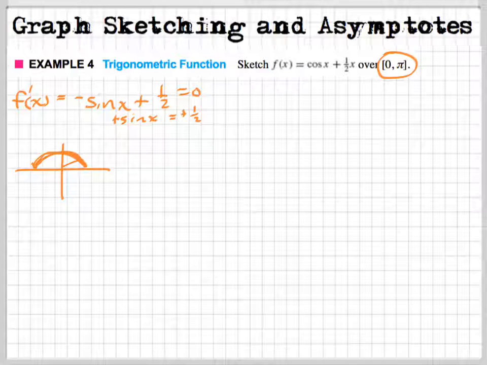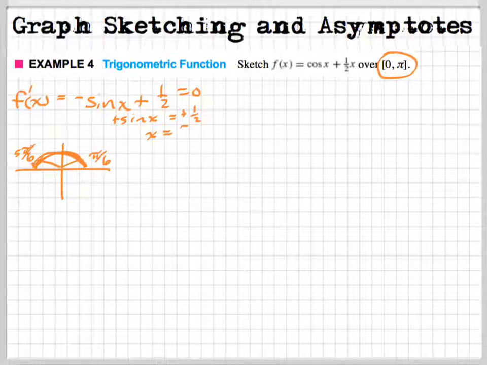That would be right here at pi over 6, and right here at, it should look about the same, but oh well, I'm just rough sketching it, that would be 5 pi over 6. So our two critical points are 5 pi over 6 and pi over 6.